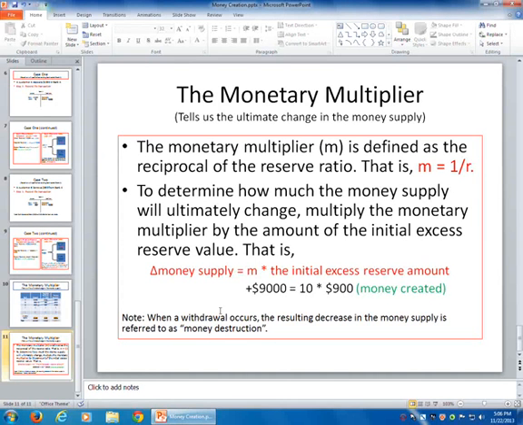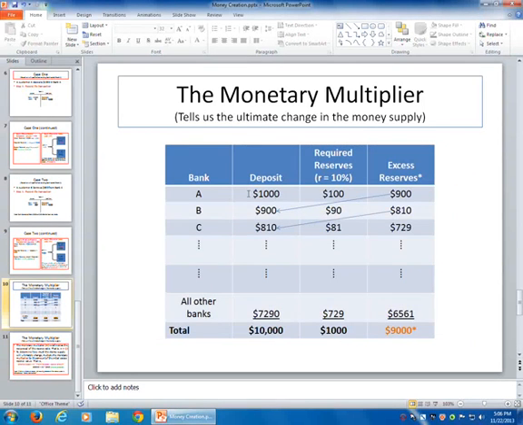So for a money destruction example, instead of focusing on a deposit, you have a withdrawal, and so these would be negative. You have a negative amount for the withdrawal, and all the resulting values will be negative, and so the end results will be negative, reflecting how much money was ultimately destroyed.